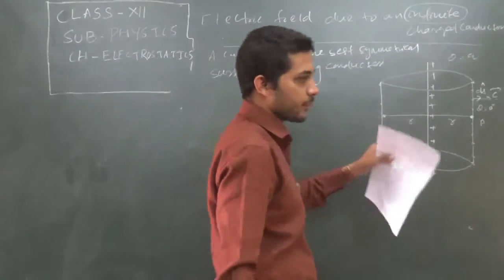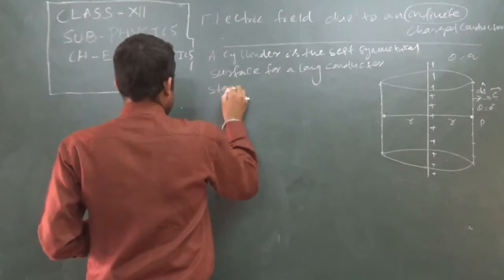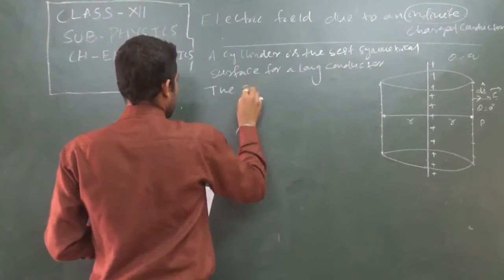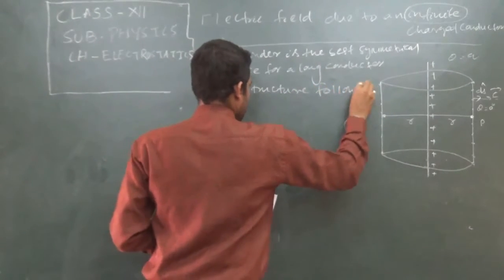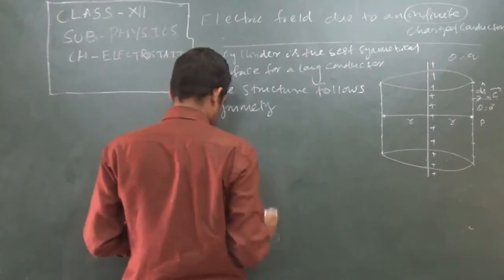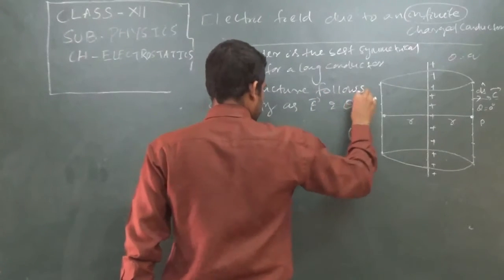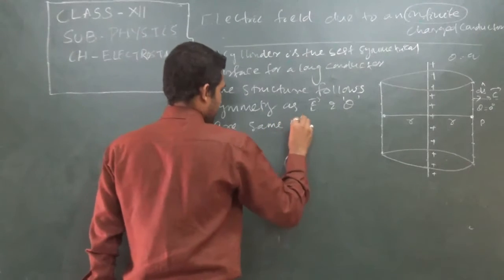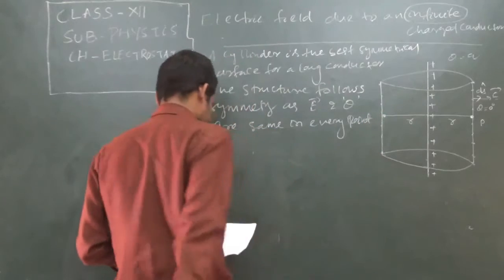This is the hypothetical cylindrical surface. Then we can write here: the structure follows symmetry as E and theta are the same in every point.